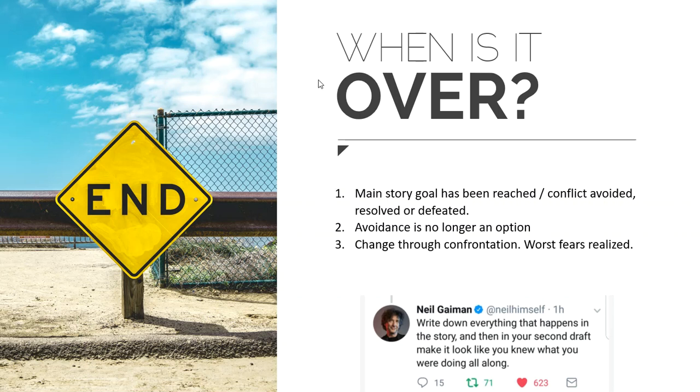At the same time, keep in mind, this is still just a rough draft. This is your first rough draft, and we are still just focusing on what actually happened. So if you don't have all the context figured out yet about why this final battle was necessary or what it means, that's okay. A quote I really like from Neil Gaiman is to write down everything that happens in this story.